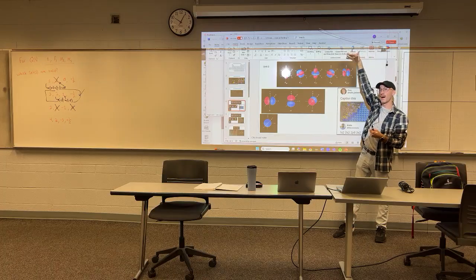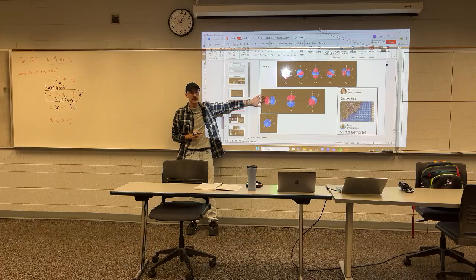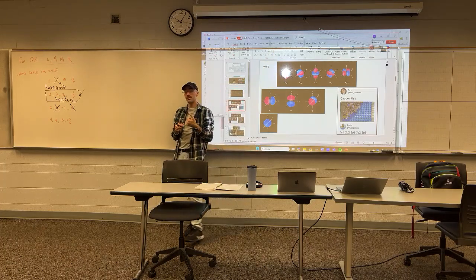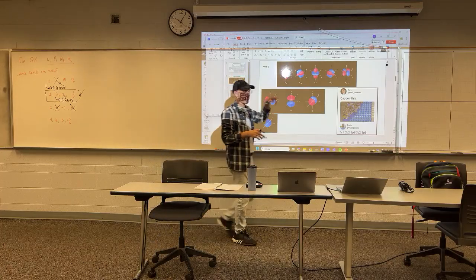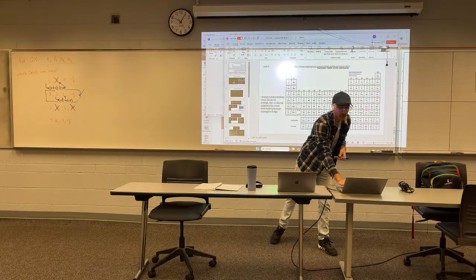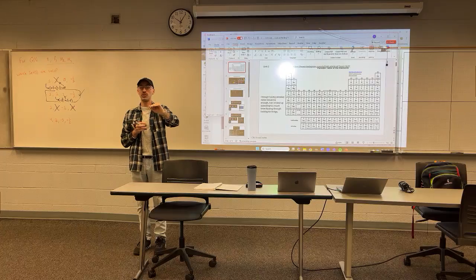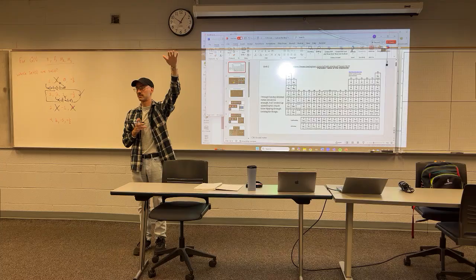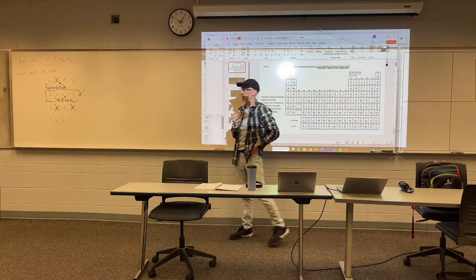You also have the potential to go higher beyond F, because L equals 0 is the circle, L equals 1 is P, L equals 2 is D, L equals 3 is F, you have the potential that an electron in the 7th energy shell, on our periodic table at the bottom, has L equals 6, or L equals 5, or L equals 4, which we're not even giving names to. But it would go F to G to H to I. But they're theoretical at that point because they're not being filled. Good question.